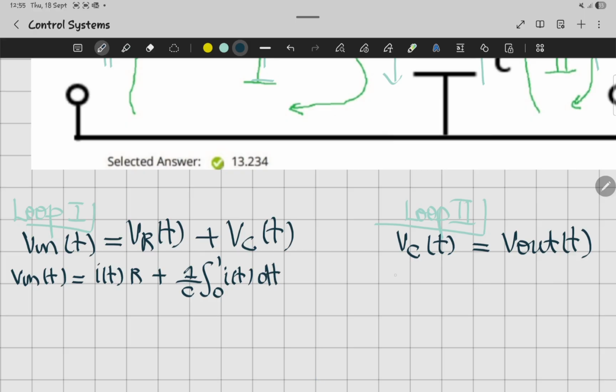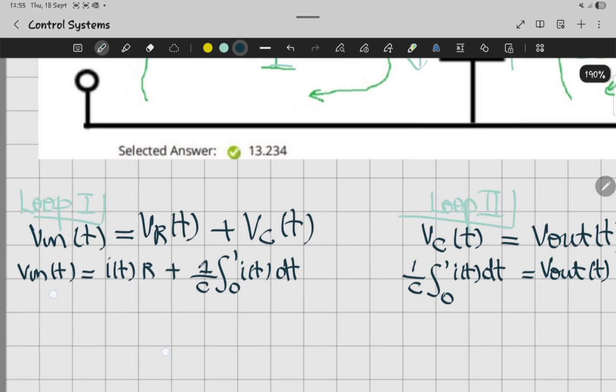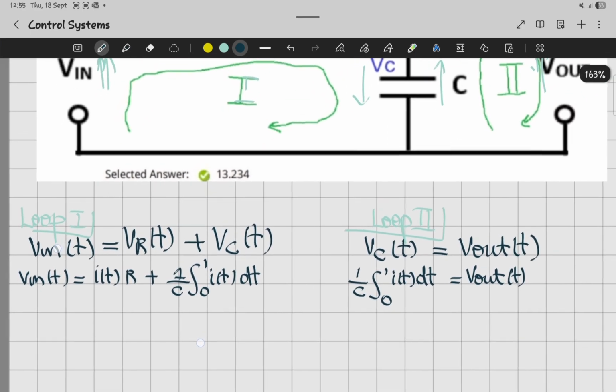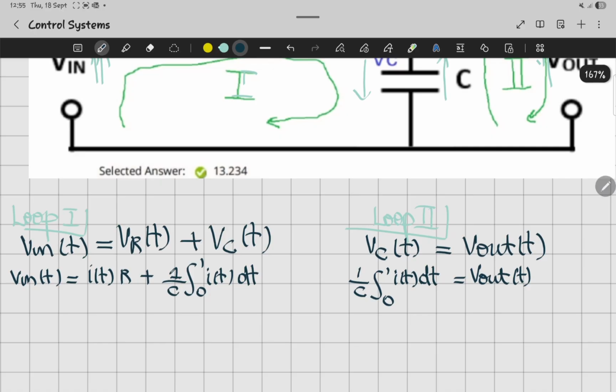And for V out, it's the same: 1 over C integral from 0 of i(t) dt equals V out of t. Once you get this form, we're going to convert it into S domain.